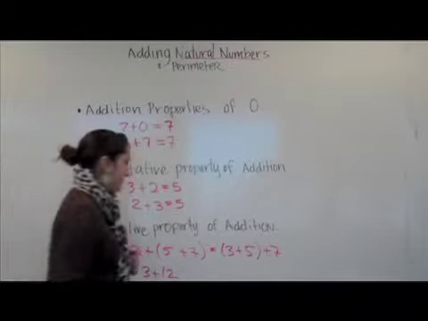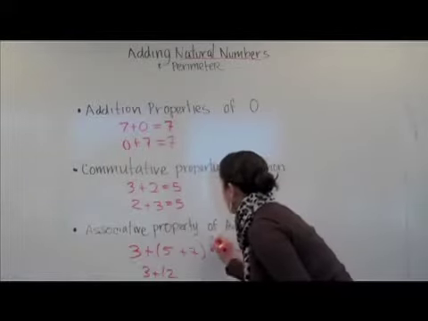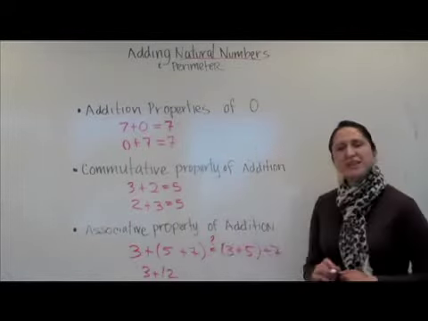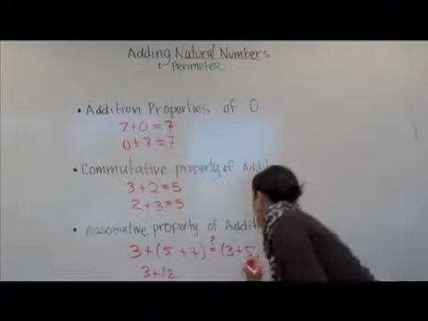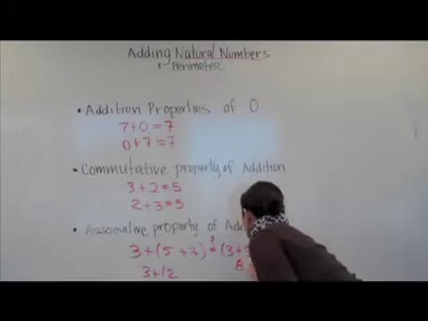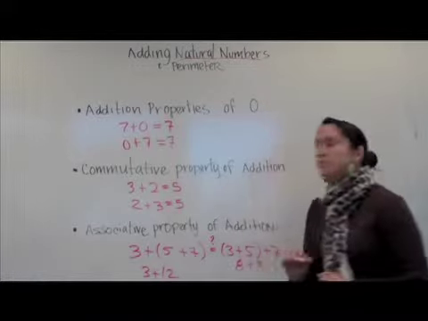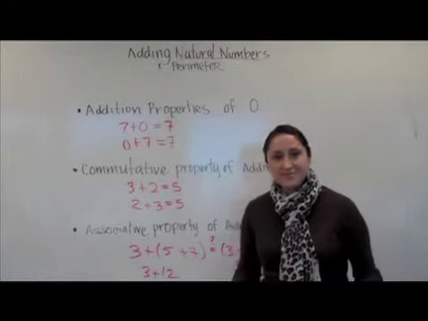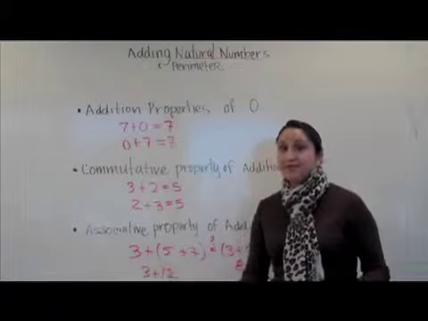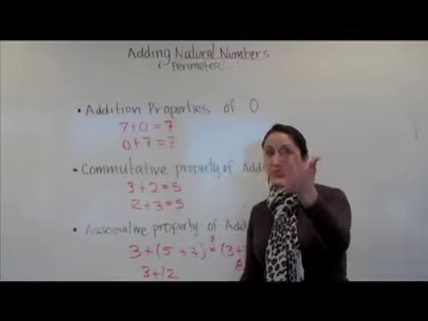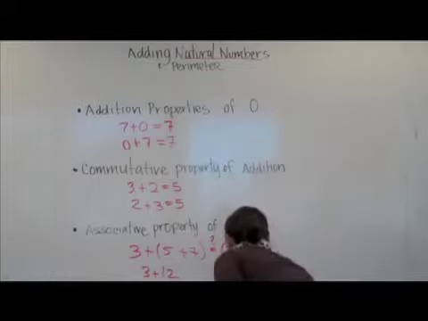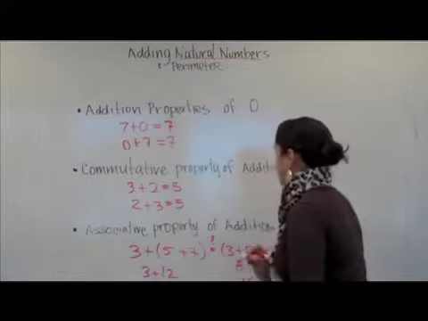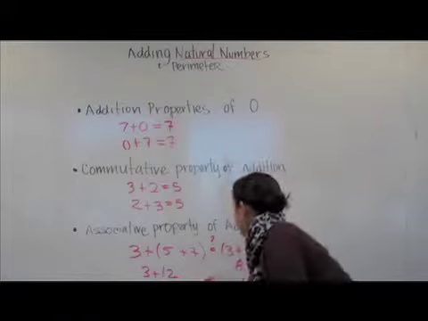What do we have on the other side? This is what we're putting in question. Is that really equal? 3 plus 5 gives us 8, plus 7. What is 8 plus 7? 8, 9, 10, 11, 12, 13, 14, 15. So we still have 15. 15 is equal to 15.